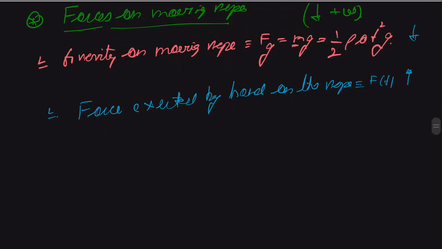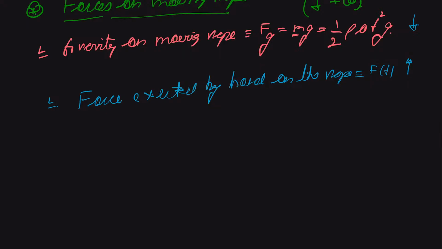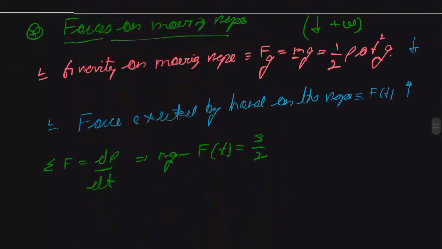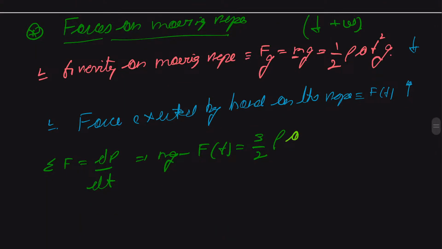Therefore the summation of these forces is equal to the rate of change of momentum, so we can write the summation of forces is equal to dp by dt. So we get mg minus F_t is equal to 3 by 2 rho a square t square.